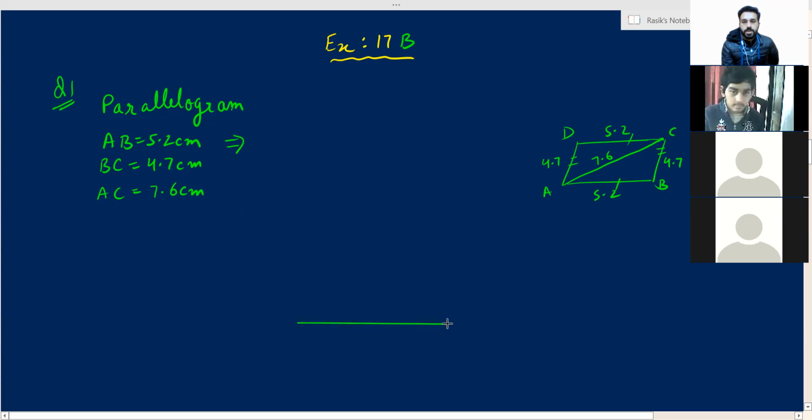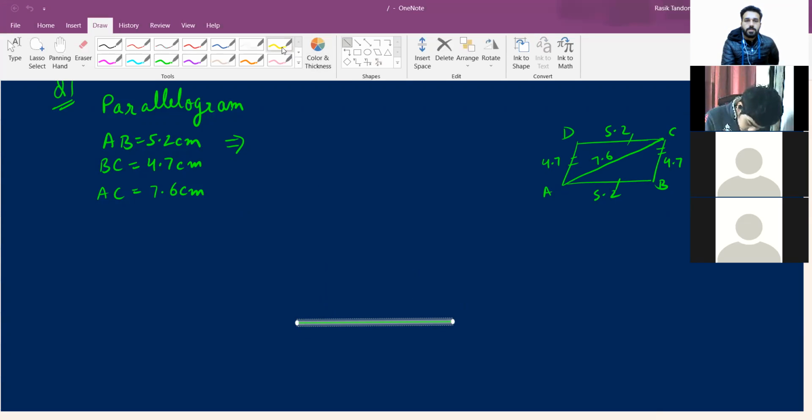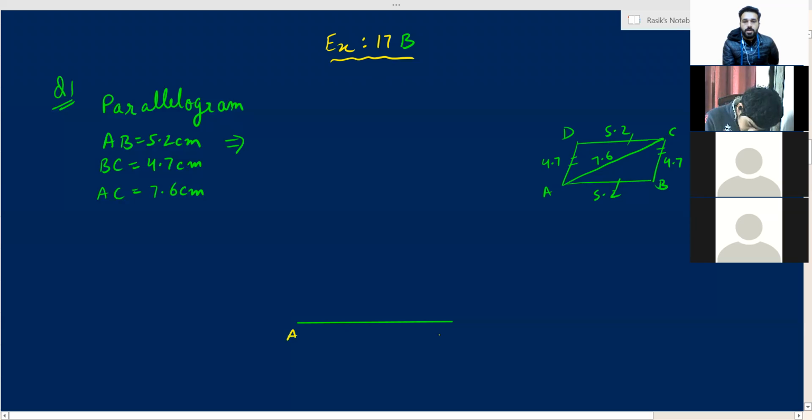5.2 centimeters AB. Now length of BC is 4.7.